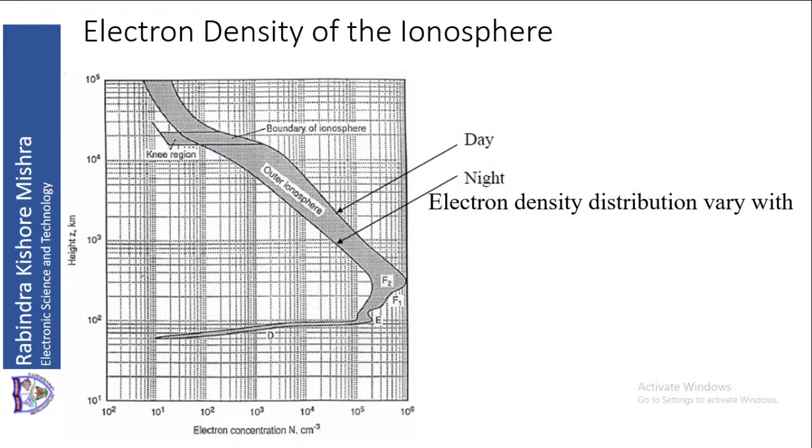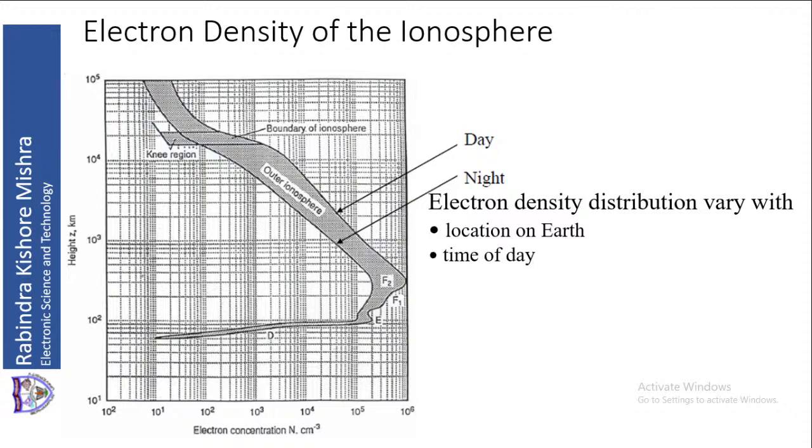Now, the electron density in the ionosphere will vary with different conditions. First is where on the surface of the Earth we are measuring it. Is it from the equator? Is it from the pole or any other place between equator and pole? So it is dependent on the location on the Earth.